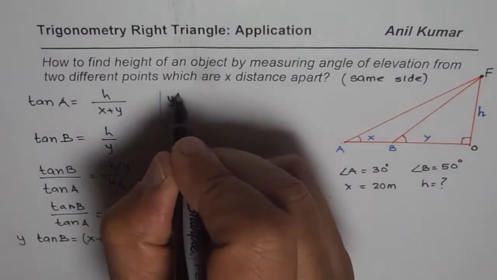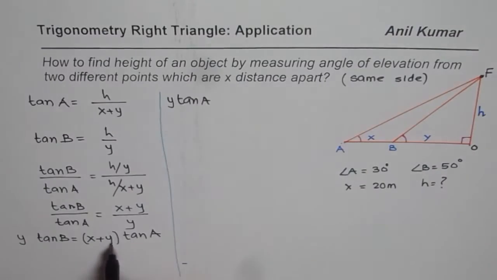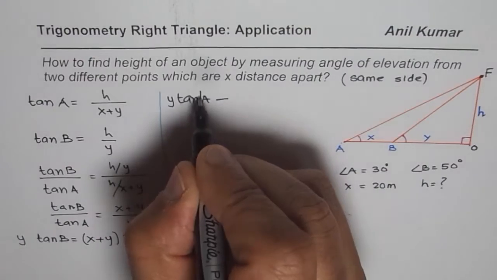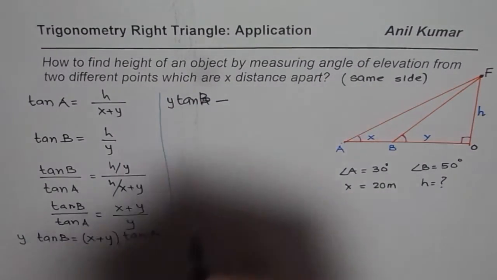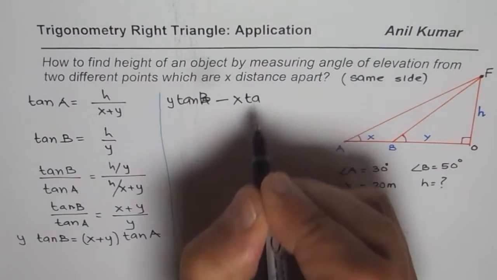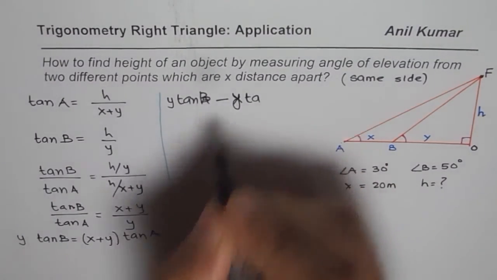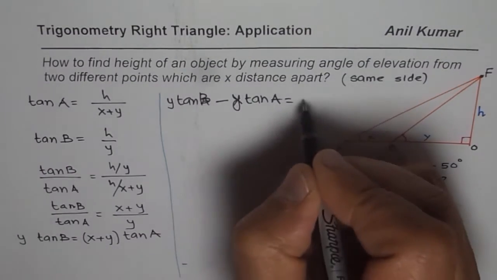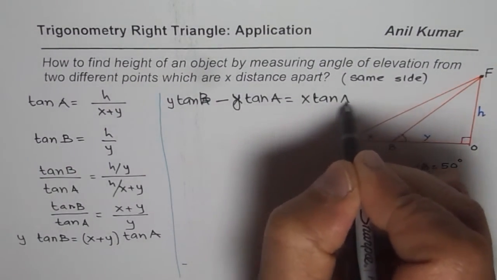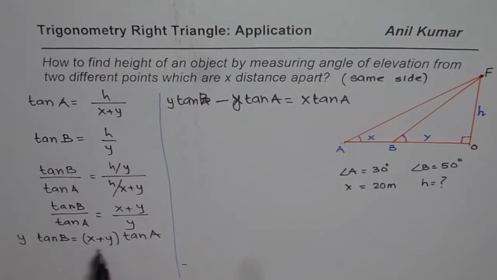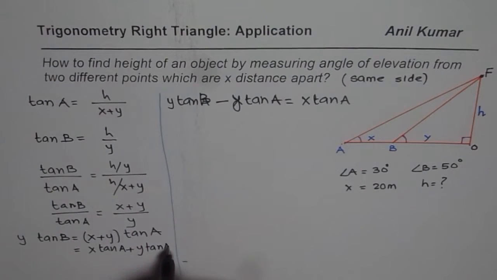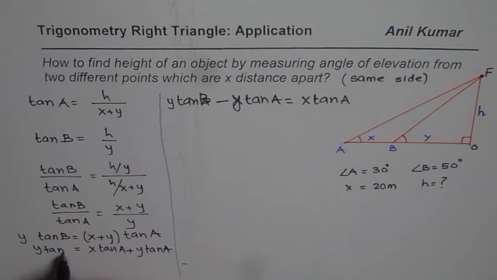Okay, so I kind of mixed up. Anyway, what we did is we expanded this. So let me expand it here first. So we get x tan A plus y tan A. We have y tan B. Okay, now it's clear, right?